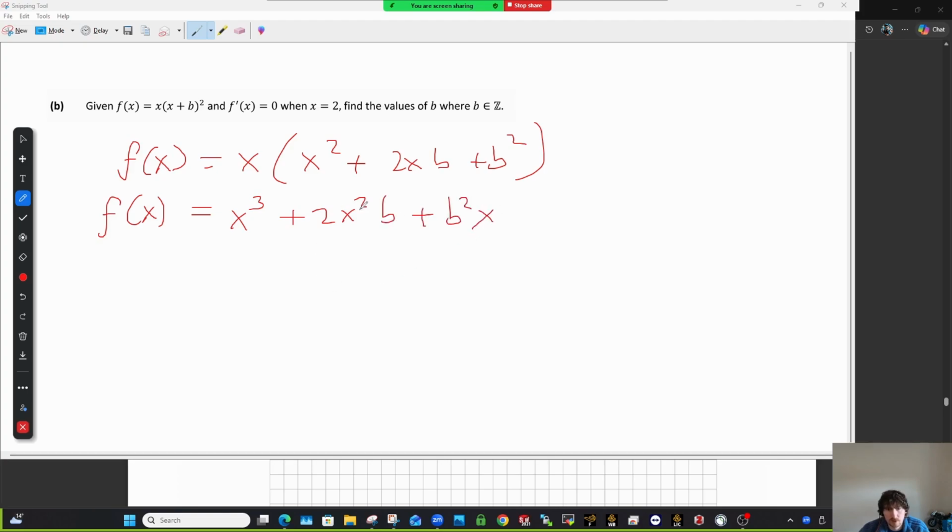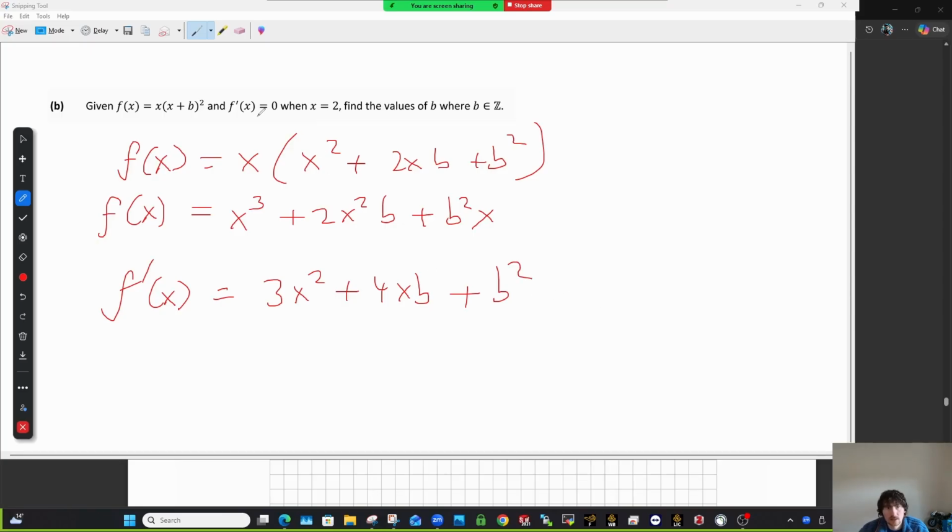I probably should have put the b in front of that, it should be like 2bx squared, be neater, but it's fine. f'(x) equals 3x squared, and then take the derivative of this, 4xb, and then take the derivative of this, it just leaves a b squared.